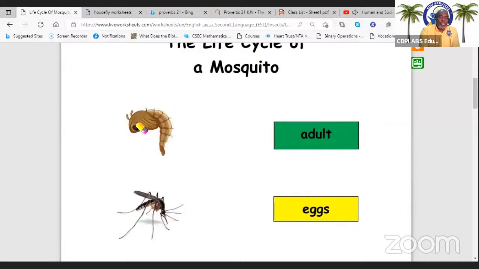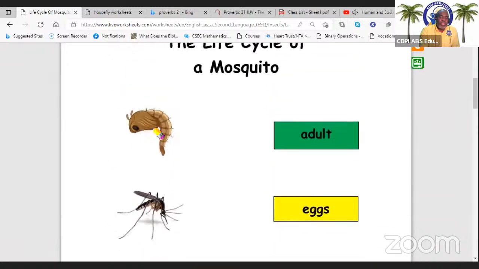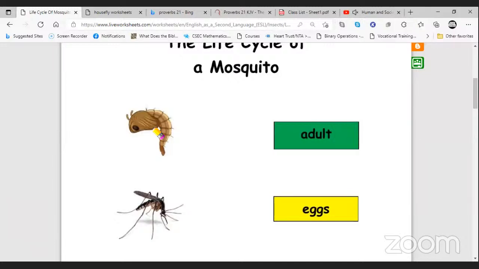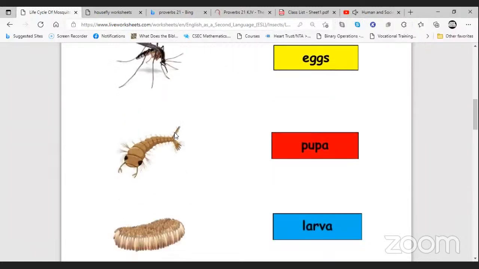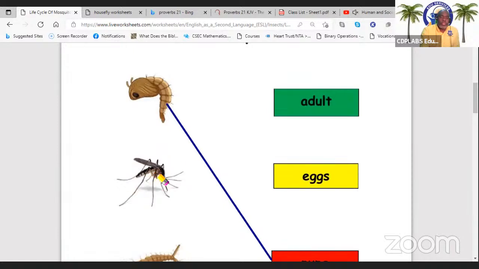All right, let's start from the top. For this one, can you identify which of these words would go with this one? Pupa. All right, that's correct. Okay, what about this one?